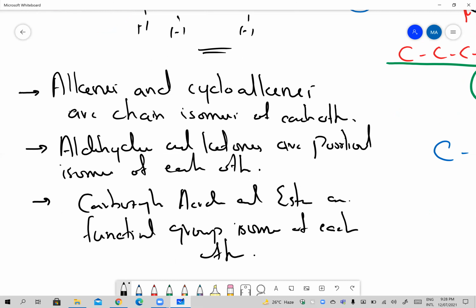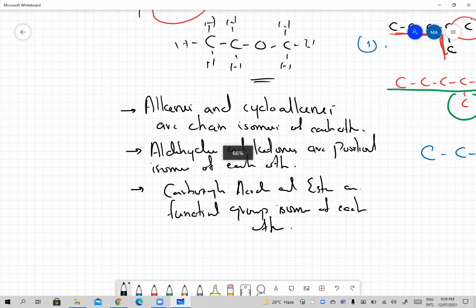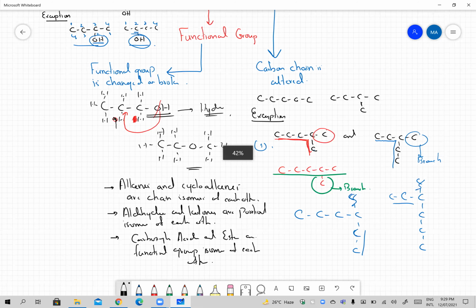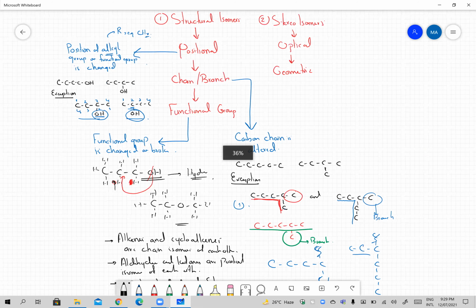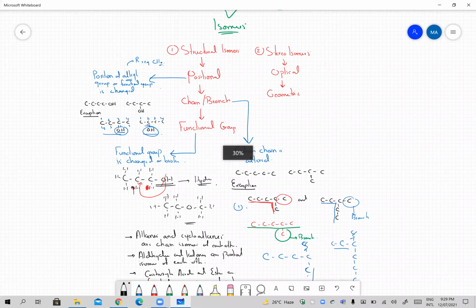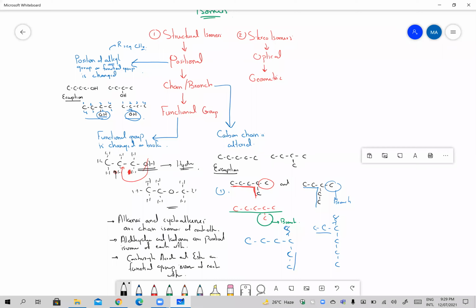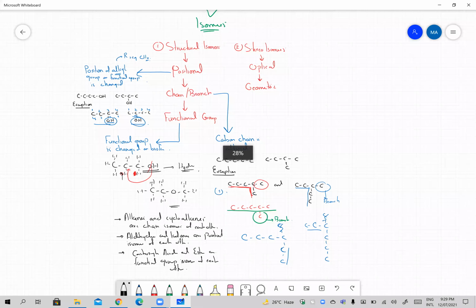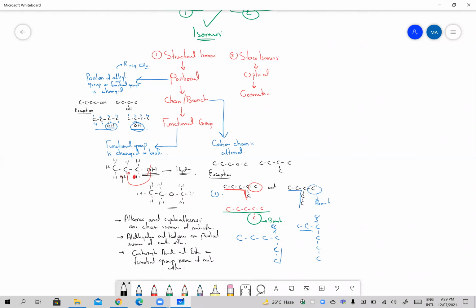What we can do now is you can maybe take a screenshot of the board, or if you want to write down the notes, you can. I'll give you a few minutes to do that. We're done with structural isomers. We're yet to do stereoisomers. So these were all the three types of structural isomers and their examples.